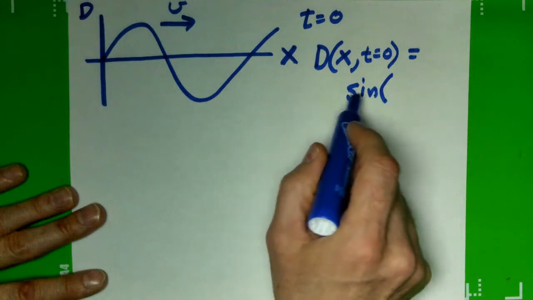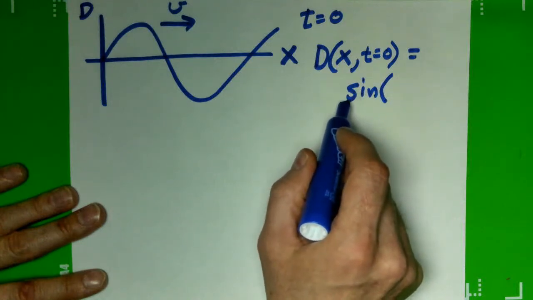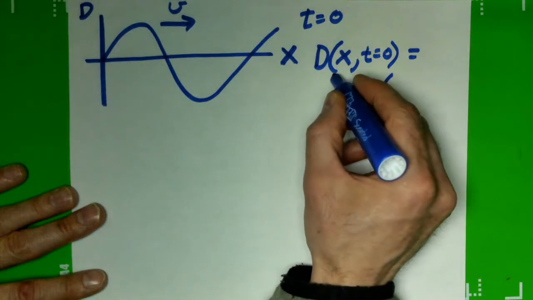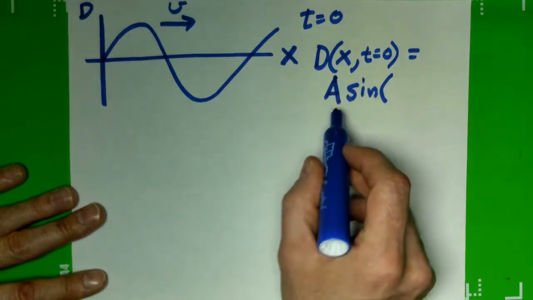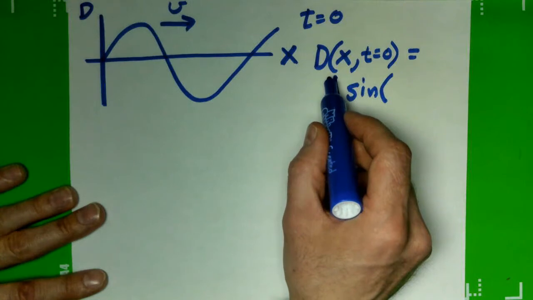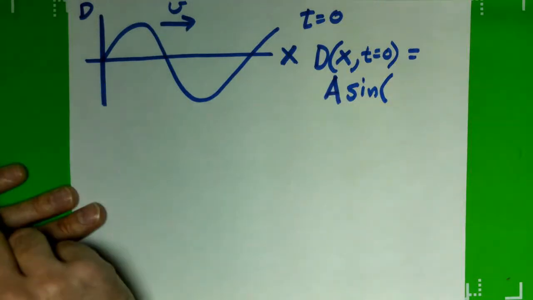But before I do that, sine goes between -1 and 1, and this is going to go from its amplitude to its negative amplitude. So I'm going to put an amplitude out front, so that the amplitude times sine will give me everything from the positive amplitude down to the negative amplitude.